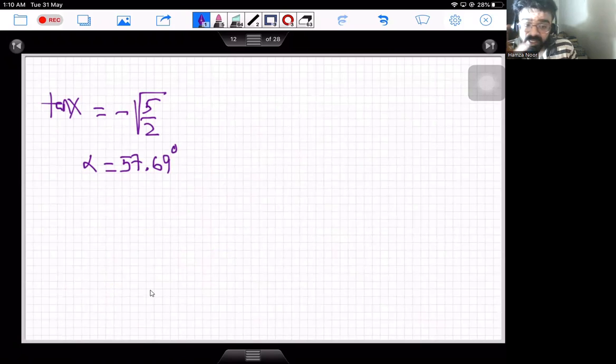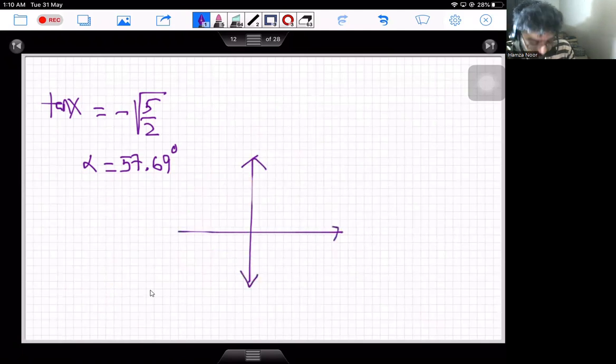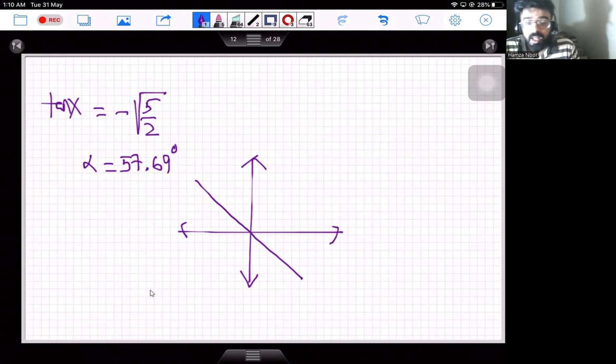But in this case, since we are considering the negative value of tan x, and tan x is positive in the first and third quadrants, this means tan x is negative in the second quadrant and the fourth quadrant. So we make the slant lines in the second and fourth quadrants, and the basic angle alpha always lies between the slant line and the horizontal axis. So 57.69 over here and 57.69 over here.